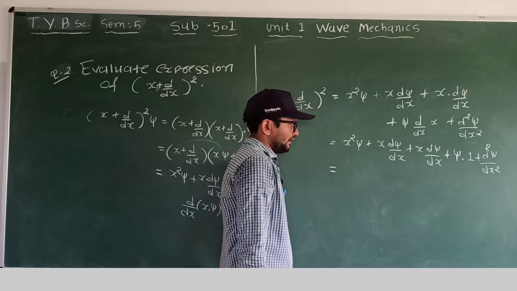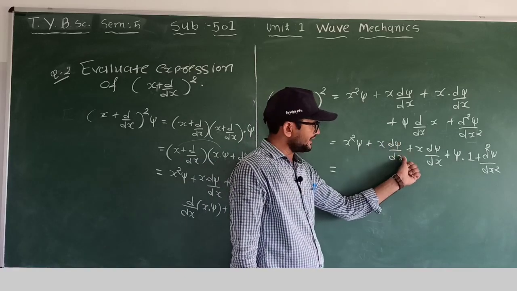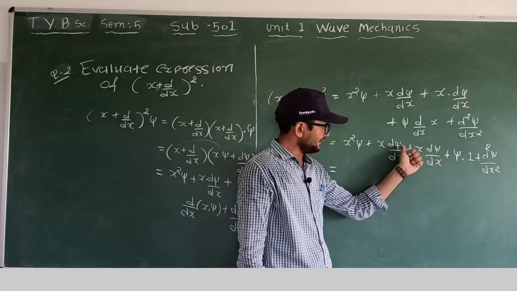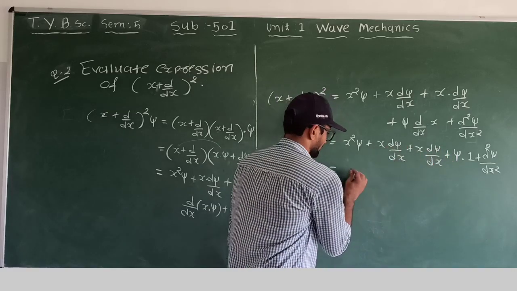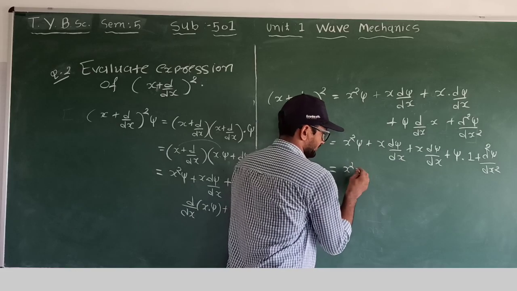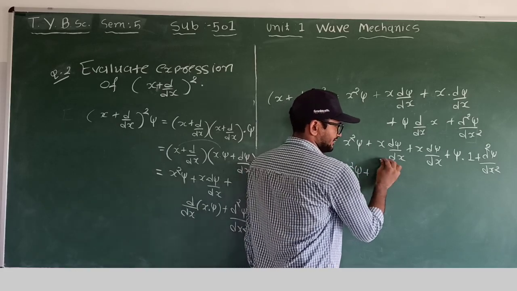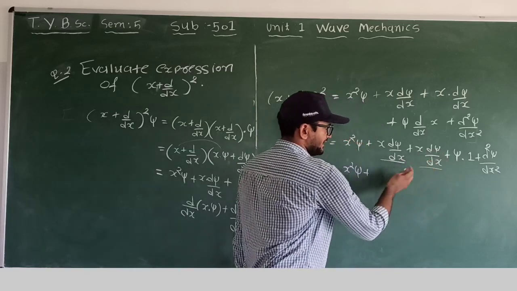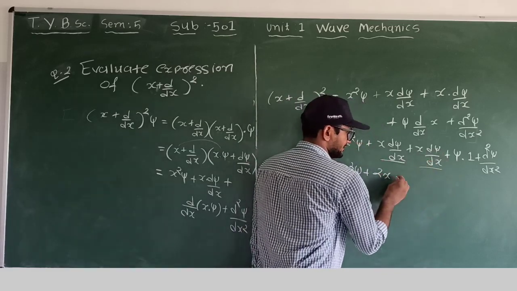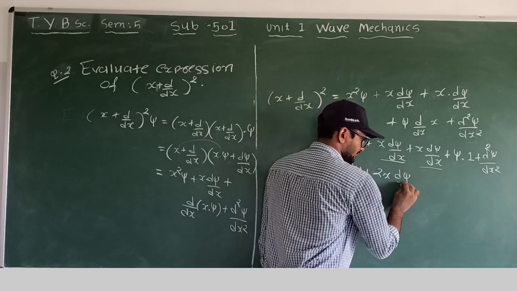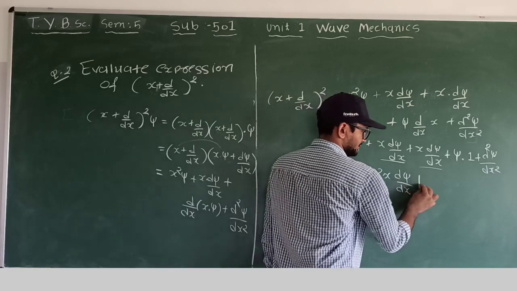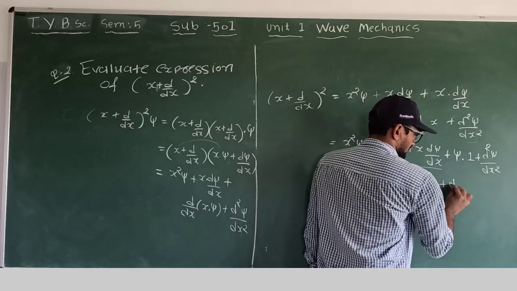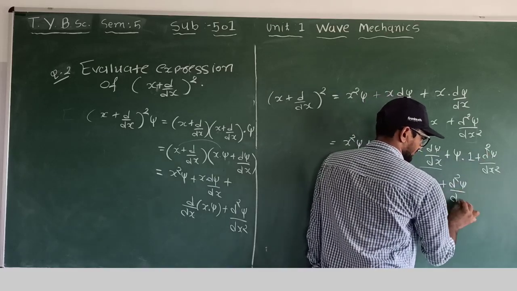Now x into d sin/dx plus x into d sin/dx, that is 2x d sin/dx. So x square sin plus 2x d sin/dx plus sin plus d square sin/dx square.